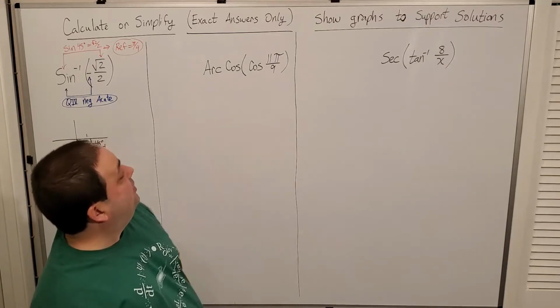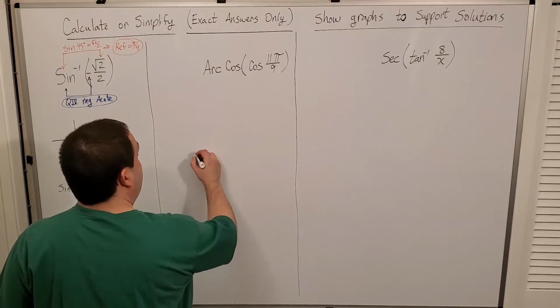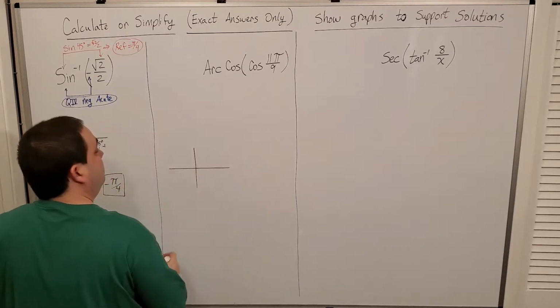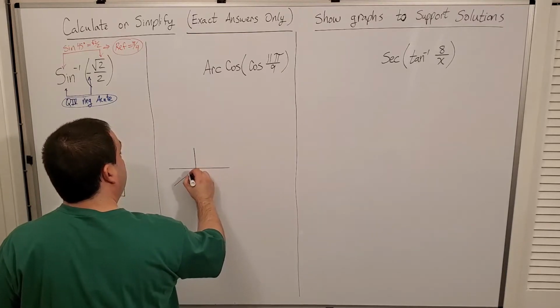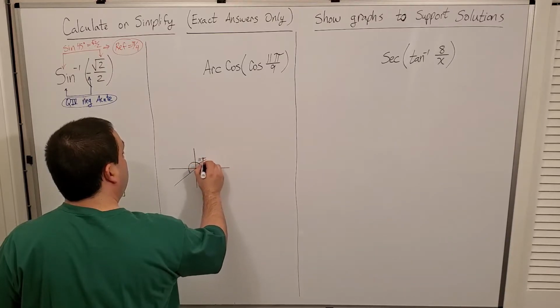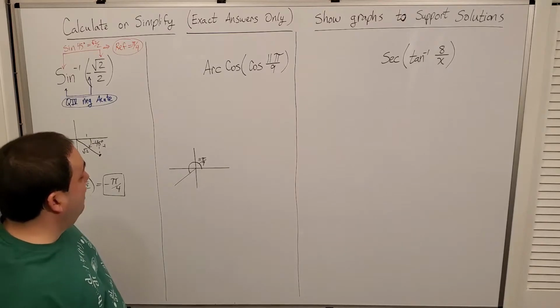I need to consider that 11 pi over 9 is in quadrant 3, like so. So then what would the reference angle be?